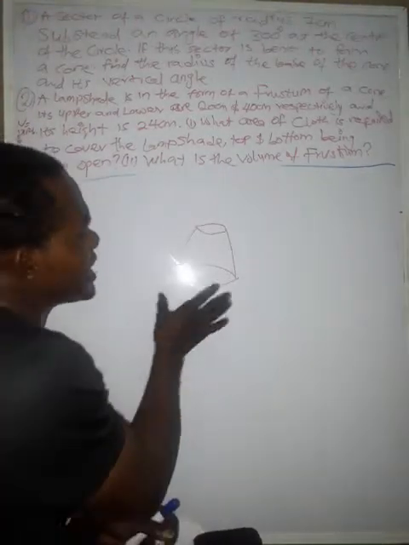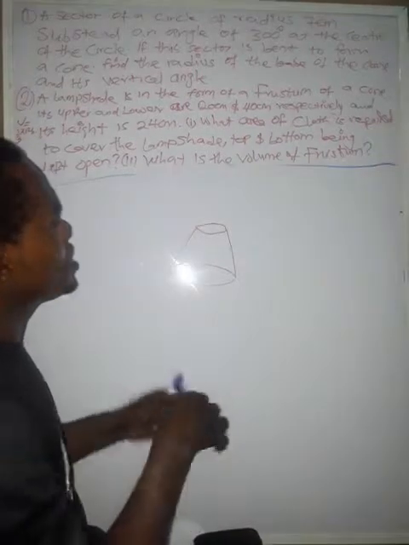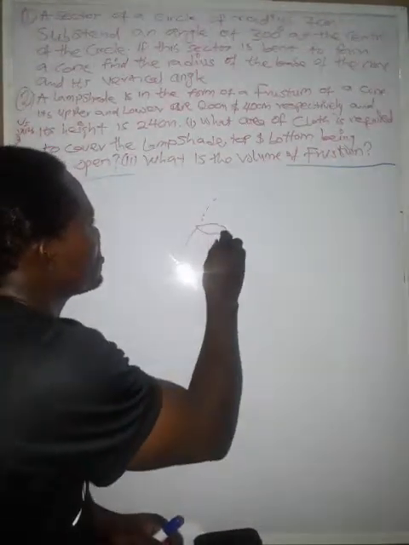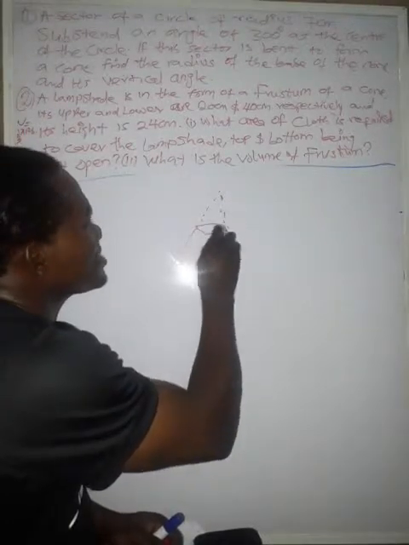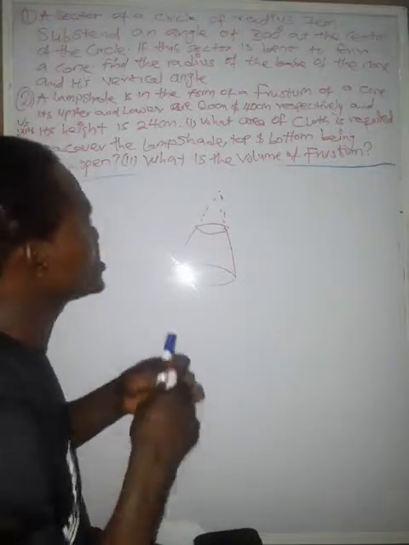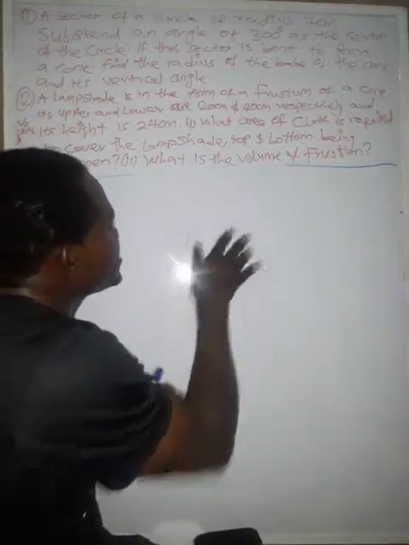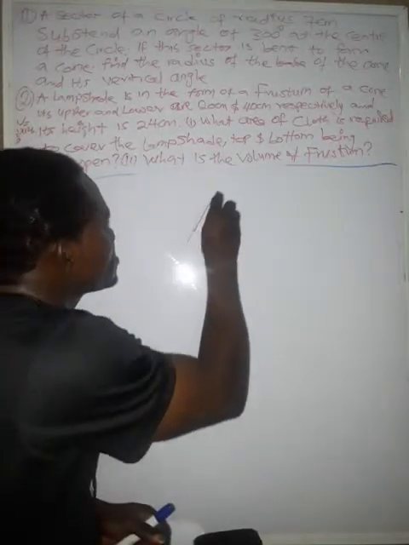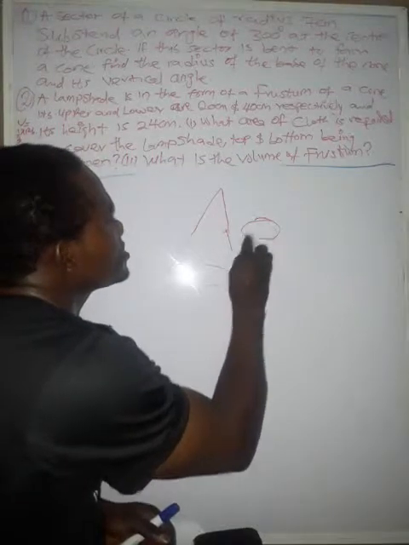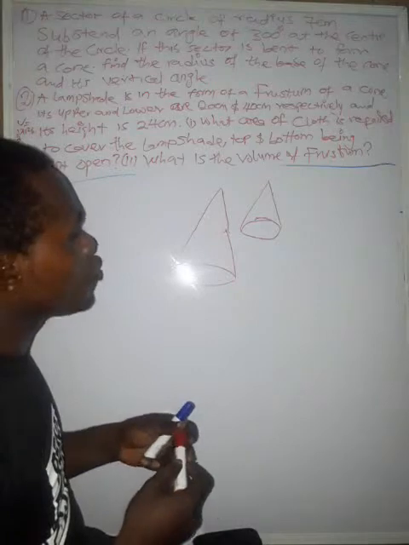So which means now once I already know that they told me that it's a frustum of a cone, what I need to do if I want to do any calculation is to first of all complete it. By the time I complete it, it will now be as if I'm having two things. So in my mind, this is what I'm dealing with. So I'm assuming that first I have a complete cone, and then I have another one, which is the one you added to this one to make it a whole cone.